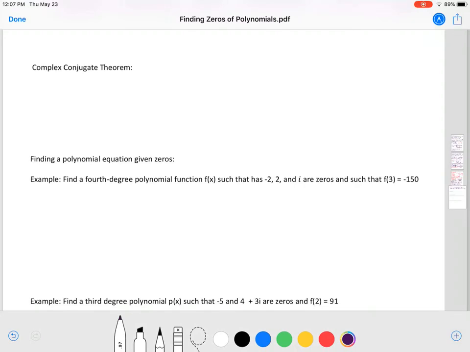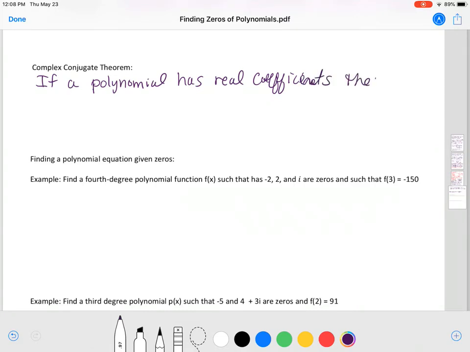Okay, one last theorem, and then we're going to go and do a couple more examples. If a polynomial has real coefficients, meaning your coefficients in front of your x's don't have imaginary numbers in them.